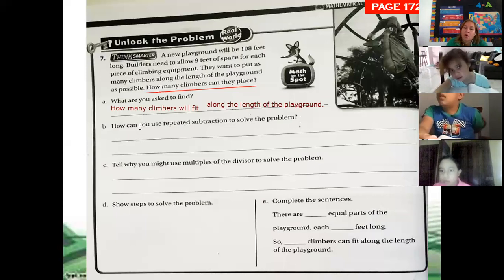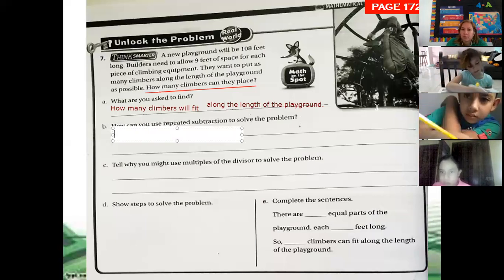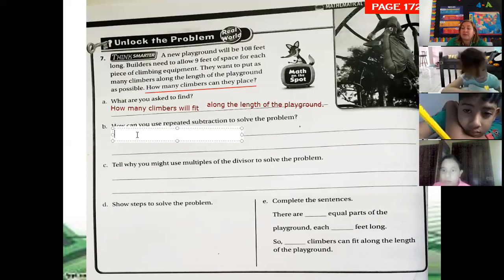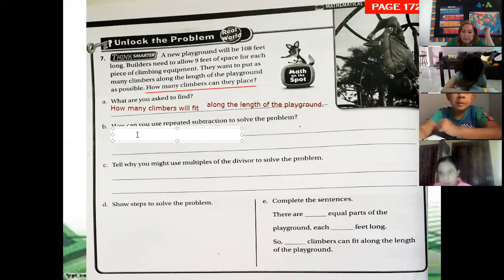Exactly, and so on until the subtraction reaches 0 or subtraction is not possible. It's not possible because sometimes division has leftovers. The final difference could be less than 9, so we cannot continue subtracting. Less than 9, but different from 0.